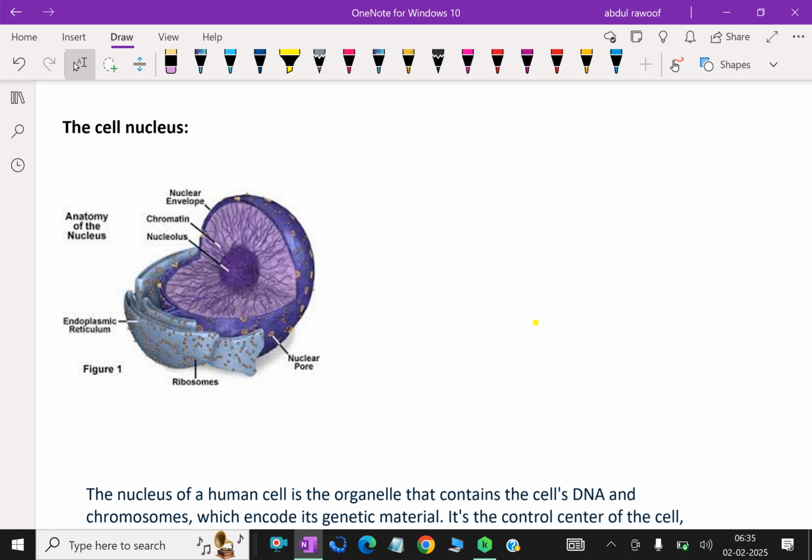This directs all its metabolic activities. In a non-dividing cell, DNA is present as a fine network of threads called chromatin. But when the cell prepares to divide, the chromatin forms distinct structures called chromosomes. A related substance, ribonucleic acid, RNA, is also found in the nucleus.